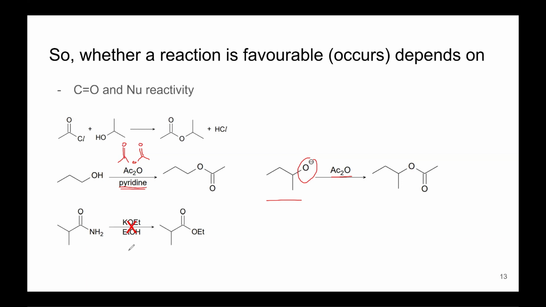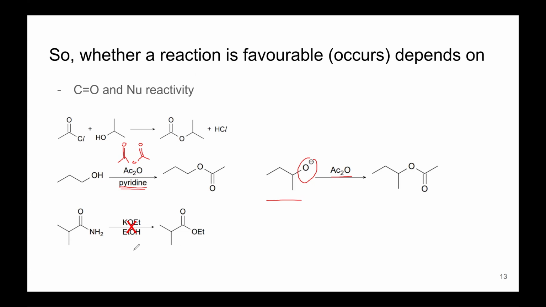Now, the final reaction doesn't occur because here you have EtO minus, you also have EtOH, but amides are such poor electrophiles that they don't really want to react with alcohols or even deprotonated alcohols. So this reaction doesn't proceed at all. It's a really unfavorable reaction, so we just say that it doesn't occur.